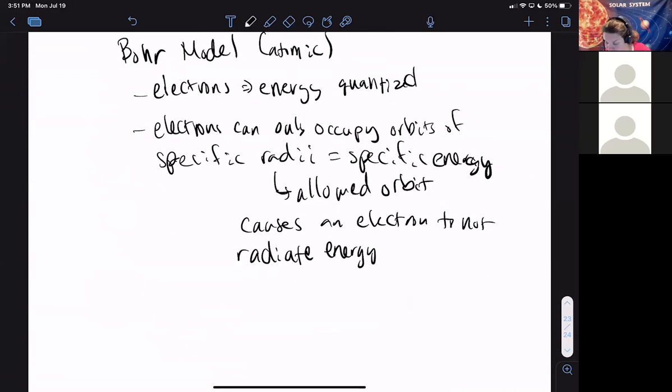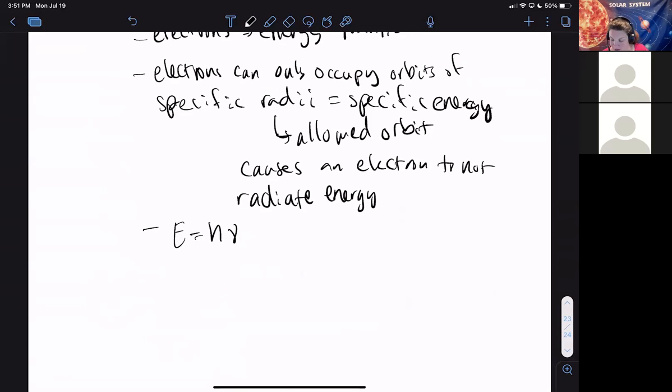And then electrons can only absorb light, or energy, based on this equation, and we have 1 photon to 1 electron. In order to get an electronic transition, we have to go from one allowed energy state into another, and the energy has to be equal to or greater than the energy difference between those orbits.